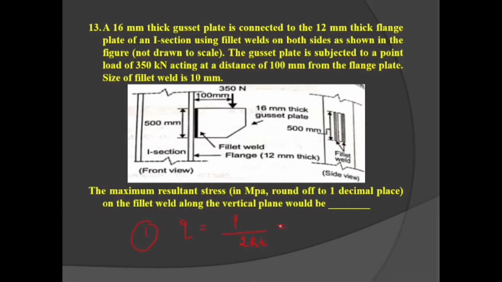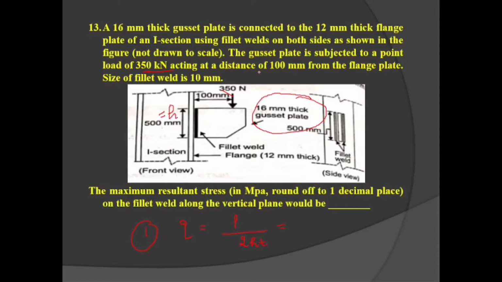Here P is given as 350 kilonewton. 2 into H, where H is given as 500 mm total depth, and T, that is the connected thickness, is given as 16 mm.